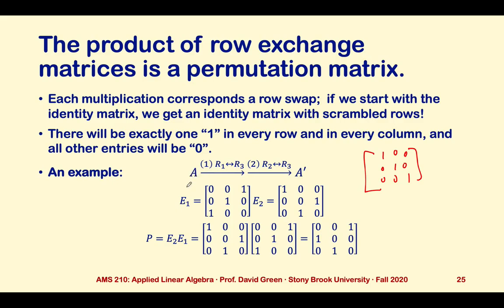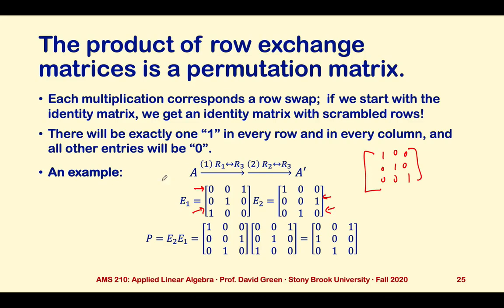Let's think about what happens when we multiply two row exchange matrices together. Imagine that we're taking some A to some A prime by first exchanging rows 1 and 3 and then exchanging rows 2 and 3. Well, in the 1, 3 exchange, we put row 1 into row 3 and row 3 into row 1. In the 2, 3 exchange matrix, row 1 looks the same, but rows 2 and 3 get swapped.